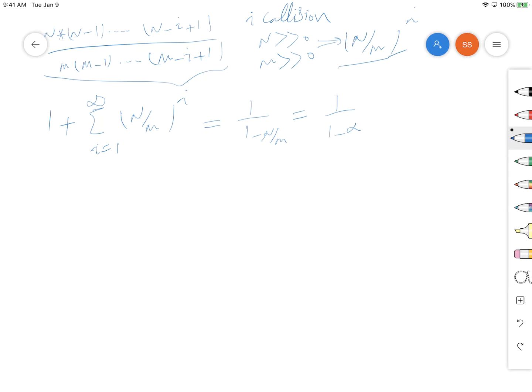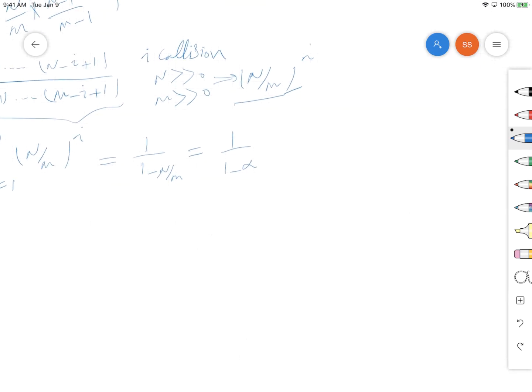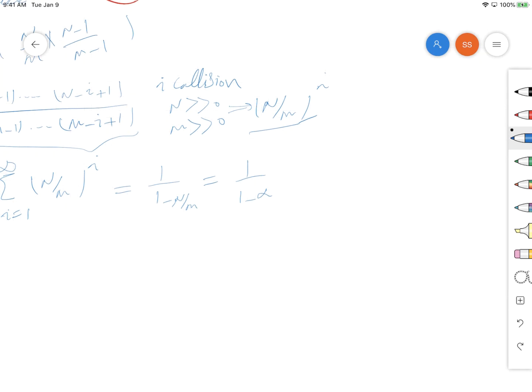Now having this number of probes for each node, we're going to see what the average is. We need to see what value of alpha we had before for every other item that we inserted. This alpha is the number of items that we have for now, divided by m.